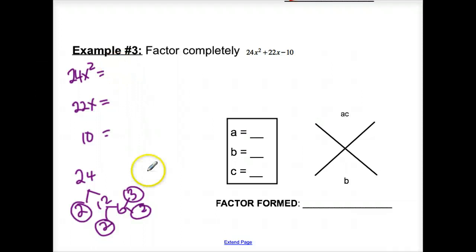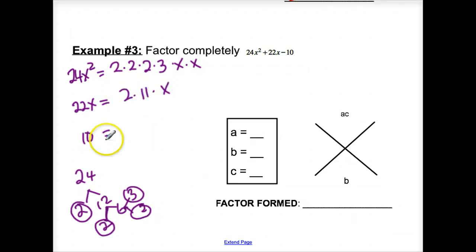So I can actually write 24 as 2 times 2 times 2 times 3, and then x squared is x times x. If I was to break 22x down, that will be 2 times 11 times x, and then of course 10 is 2 times 5. Now looking at this, they all have a 2 in common, okay?